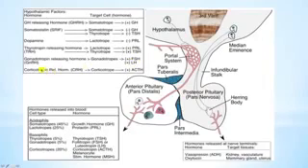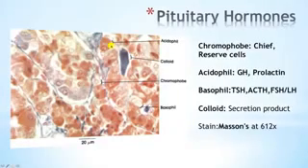The last here on the list would be the corticotropin releasing hormone, CRH, and this one will go to the corticotrophs, which was a subpopulation of the basophils, which we see here, and it will stimulate the production of ACTH, or adrenocorticotropic hormone.